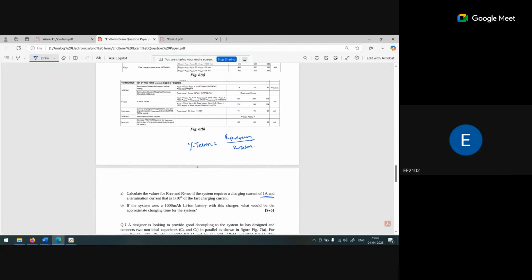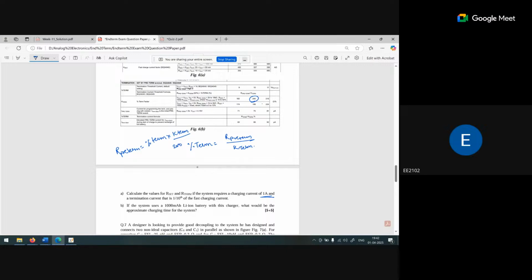So R term is equal to percent term multiplied by the K term. What is the value of K term? 200. Why are we choosing 200?